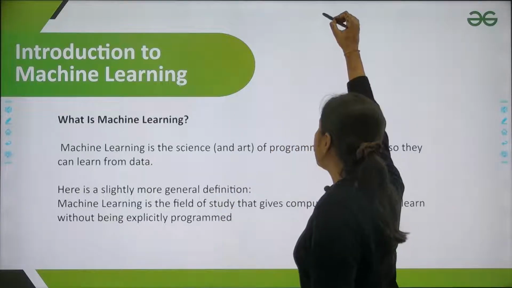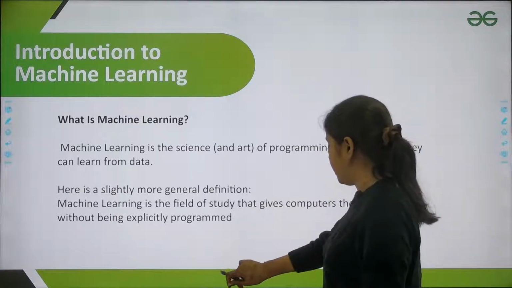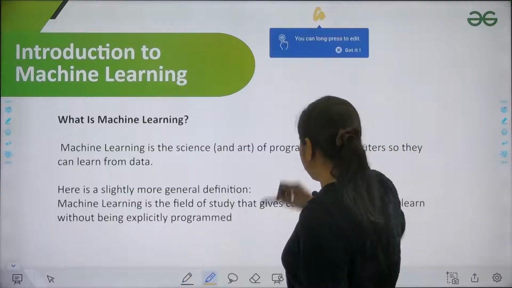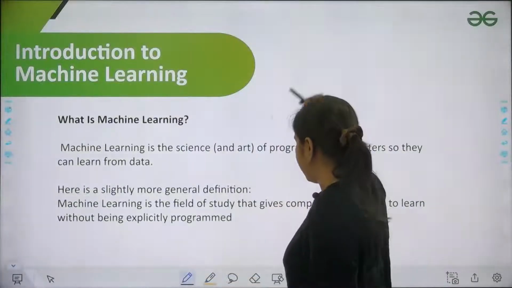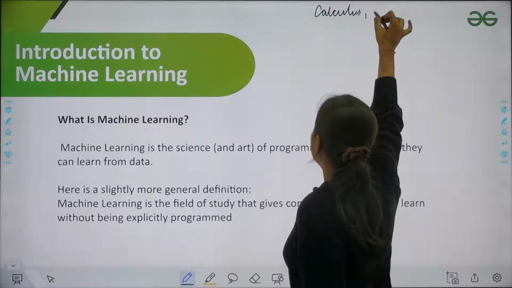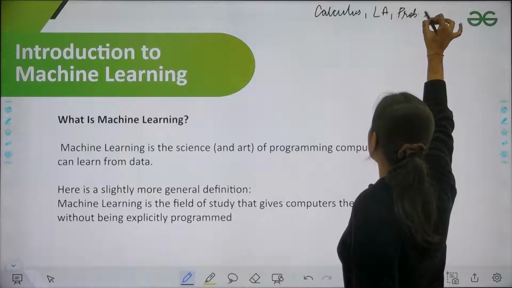I have 7 subjects, right? First we have calculus, linear algebra, and then we have probability and statistics.